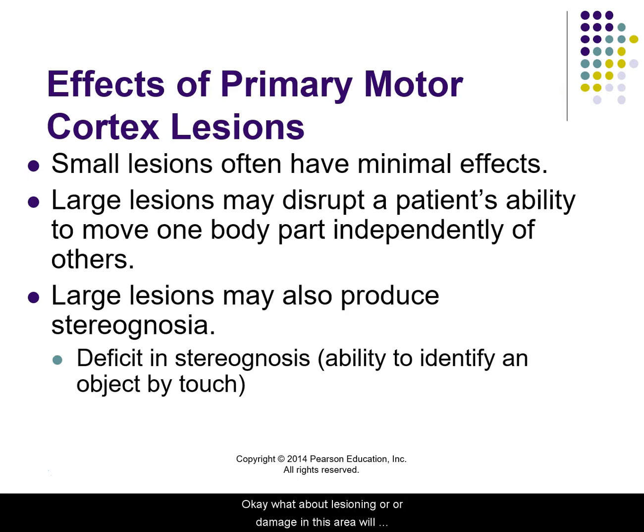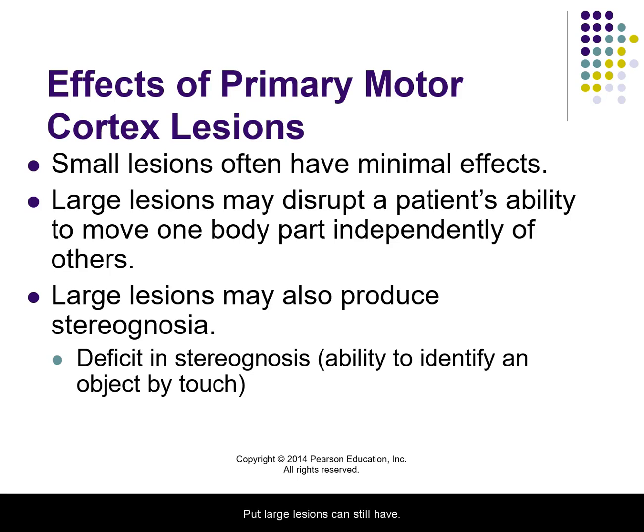Okay, what about lesioning or damage in this area? Well, small lesions often have minimal effects. And this is true, we've already mentioned it a couple times in previous chapters. When there's many connections, when there's many pathways in and out of a cortex or something like that, small damage, small lesions don't have a lot of effect. Okay, does that make sense?